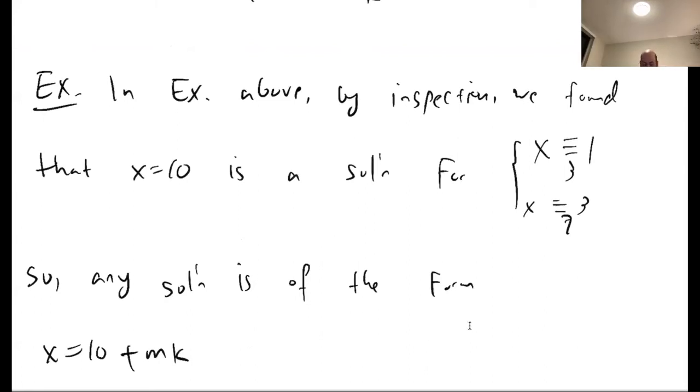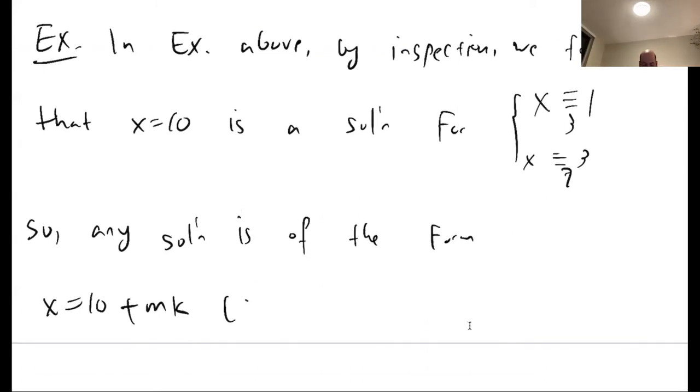Since the solution is unique mod M, which is M1 times M2 in this case, M1 is 3, M2 is 7, so M1 times M2 is 21.